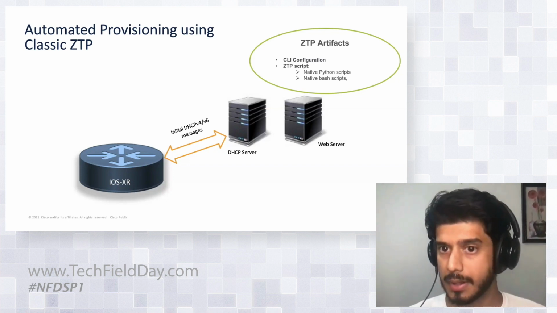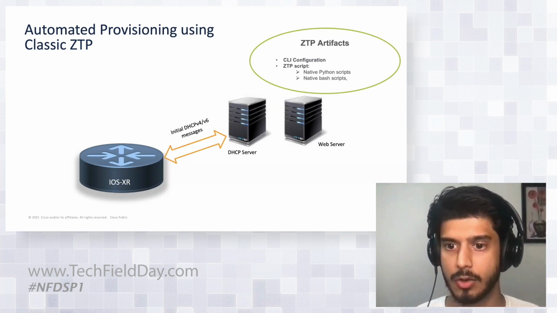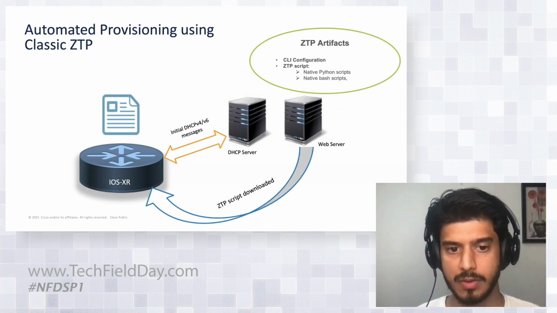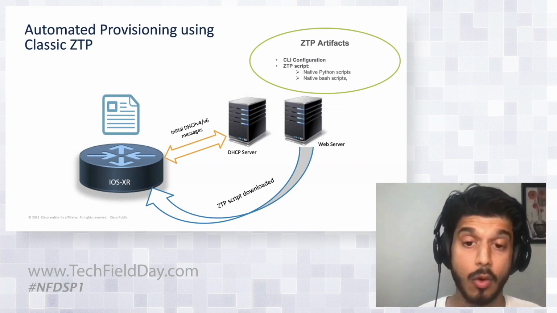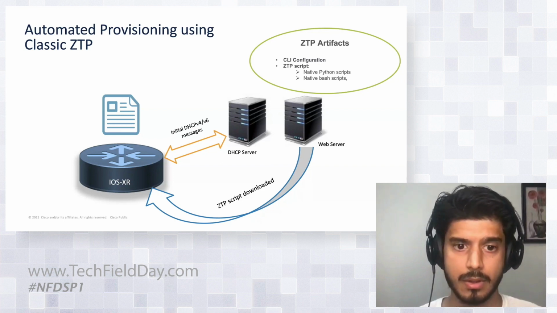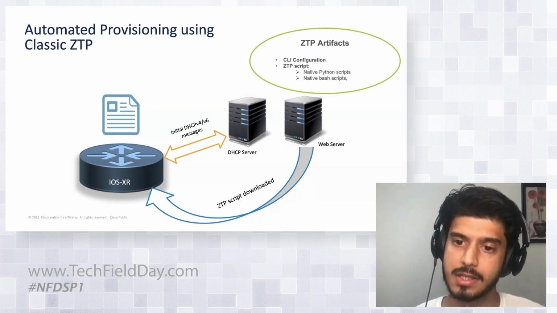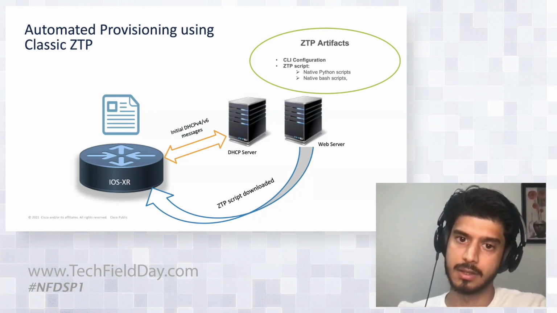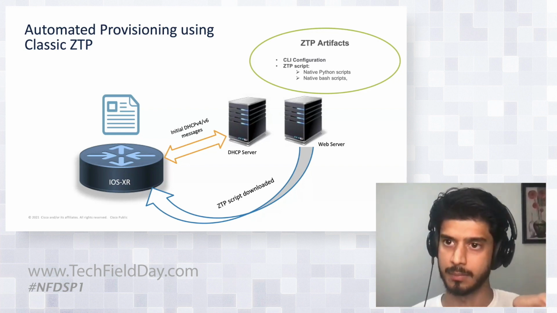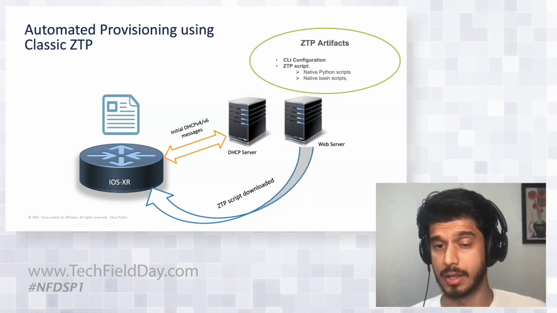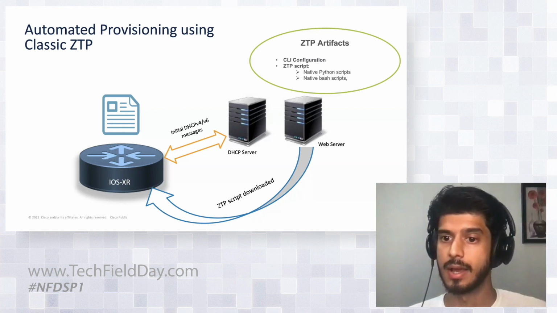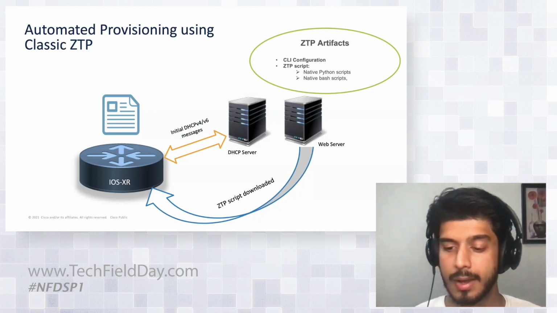So typically, you would expect that customers have their ZTP scripts lying on a web server. Based on the option URL given to the device, the script gets downloaded or the config, and it gets executed subsequently. So the device basically gets provisioned to a certain state as needed with just these three components in play. The router, basically with no config or anything on it, the DHCP server to get it the IP and the options that it needs, and then the web server to download stuff.